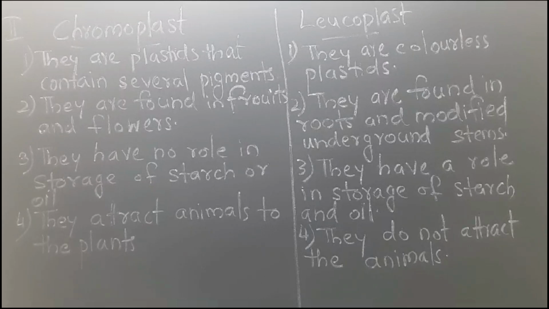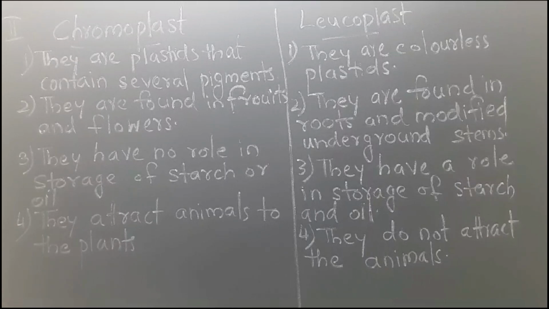Third point, chromoplasts have no role in storage of starch or oil, whereas leucoplasts have a role in storage of starch and oil. Chromoplasts attract animals to the plants. Why? Because it gives colors to the leaves, flowers, fruits and all.